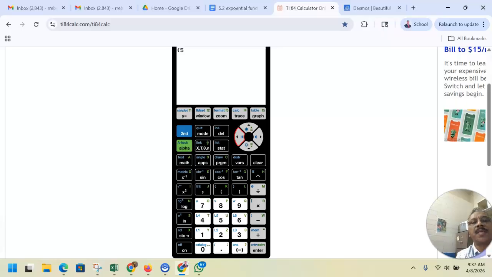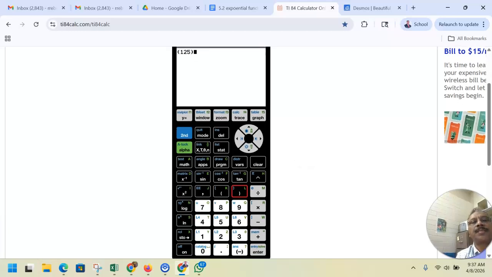Let me take off this, delete, and put 125, close it, and then go up, and there's a fraction 1/3. So alpha, this, and enter, and put 1 divided by 3, and enter, you get the answer 5. So this is how you're going to use it.